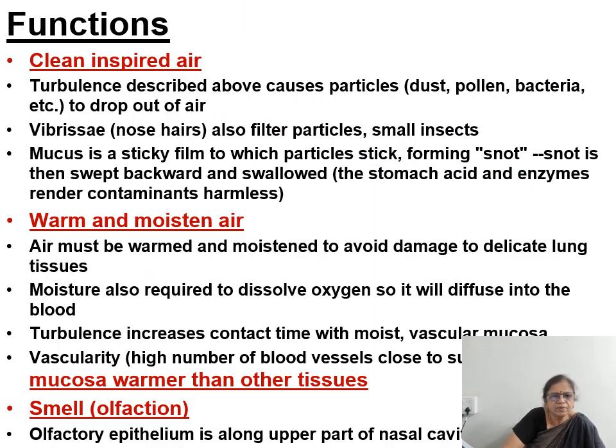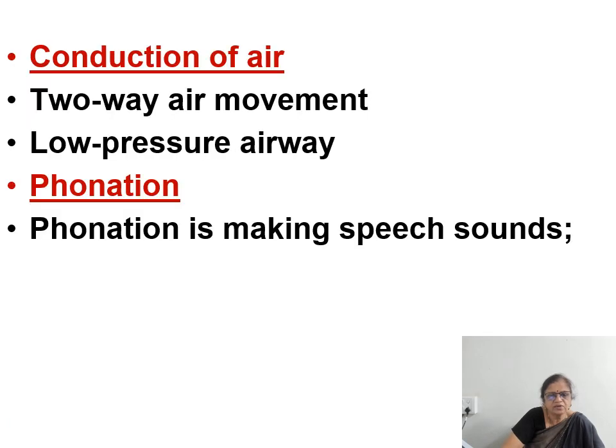So the purpose of the respiratory tract, mainly the nose and upper respiratory tract, is to clean the inspired air through mucus and cilia, and warm and moisten the air so that diffusion is possible easily. The mucosa, warmer than other tissues, helps in olfaction also. Other pathways like the trachea and bronchi help in conduction of air, and also speech.